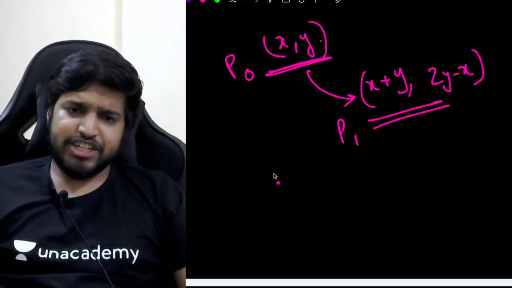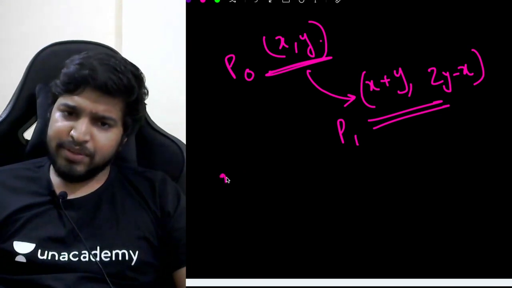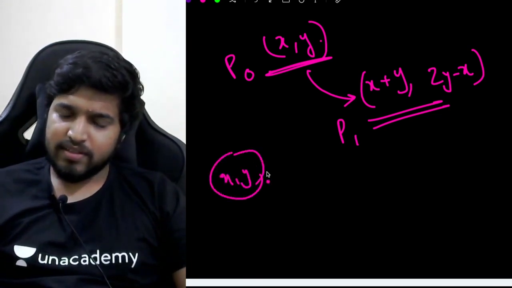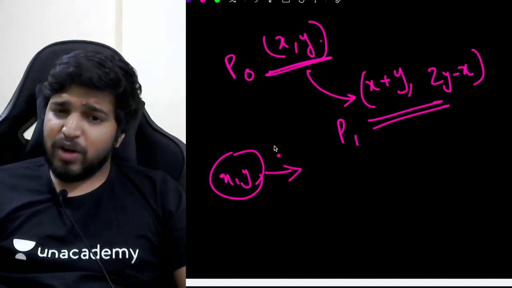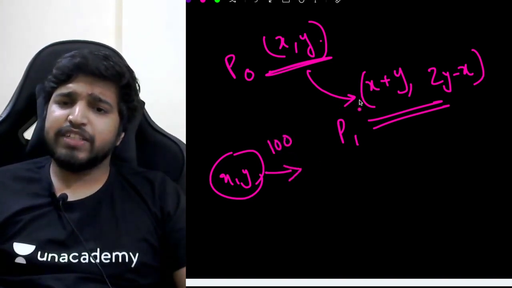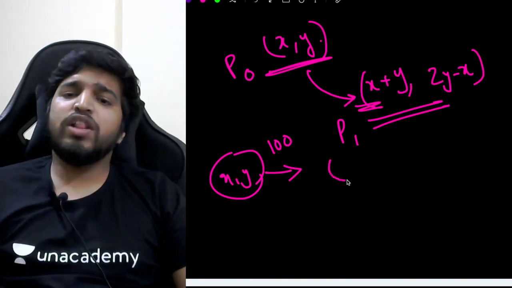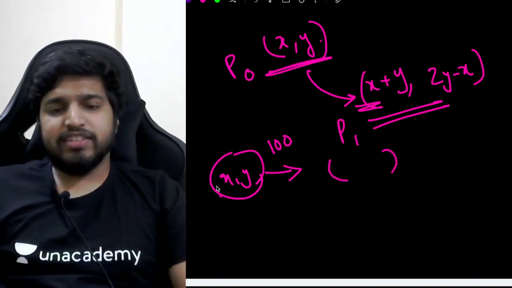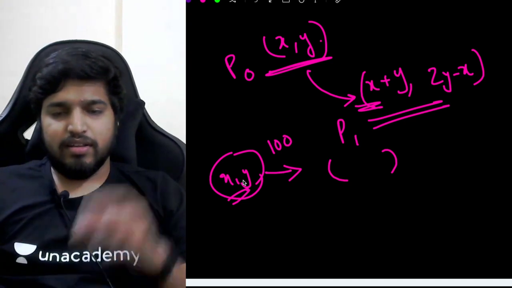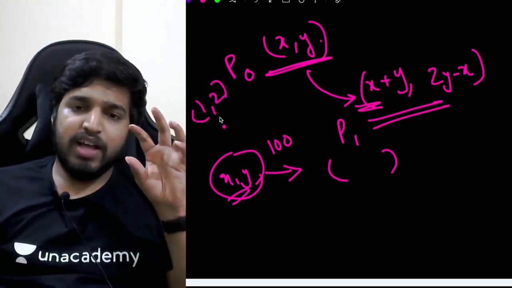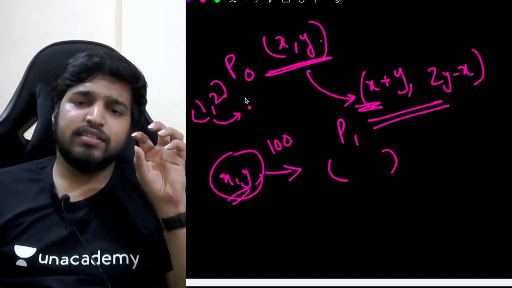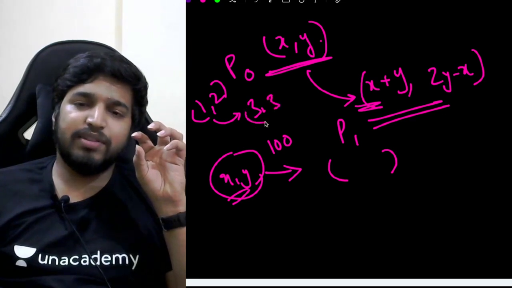Now, assume the question is, starting with x comma y, after performing about 100 transformations of this type, how will the new point look? So what is a single transformation here? Say you started with 1 comma 2. A transformation of this point is 3 comma 2 into 2 minus 1, 3 comma 3.